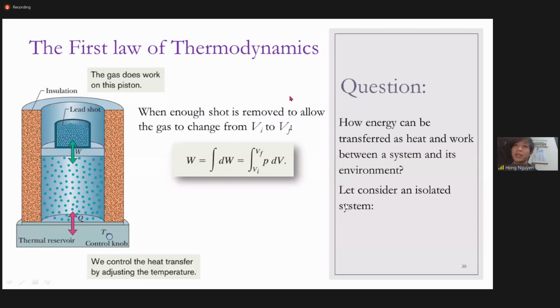So this is the work done by the gas when it changes from an initial volume to a final volume.